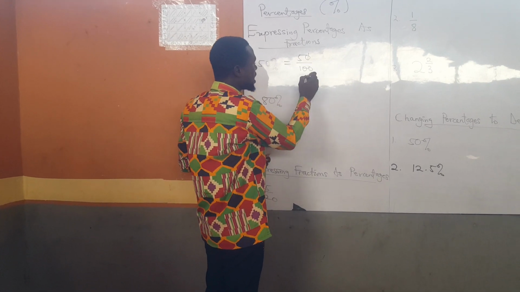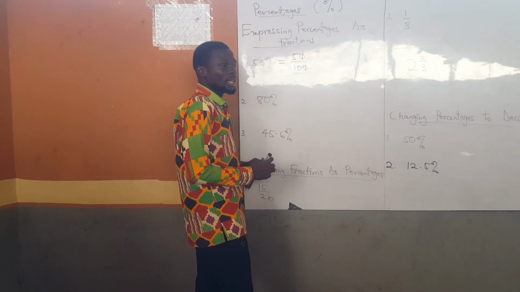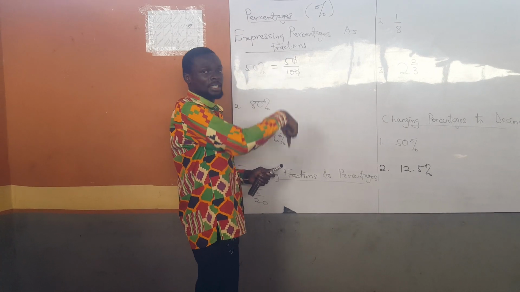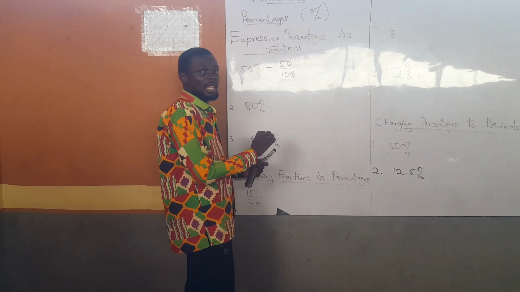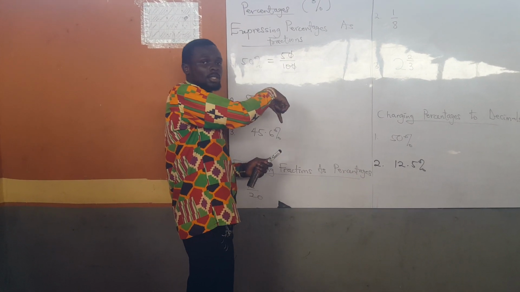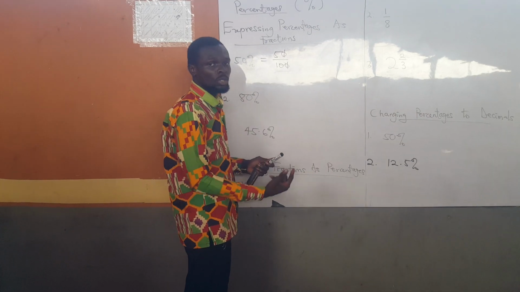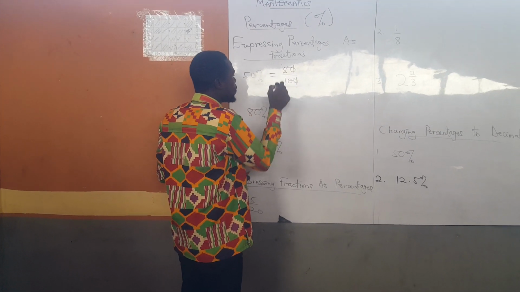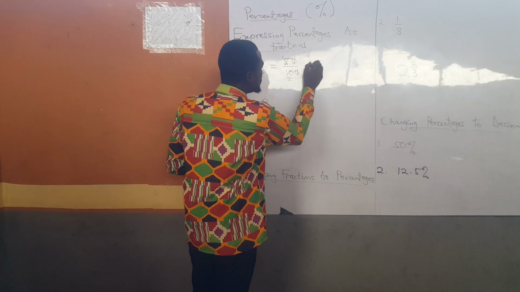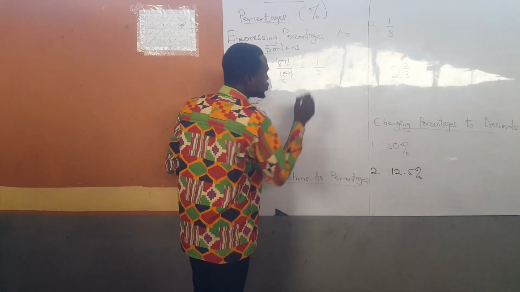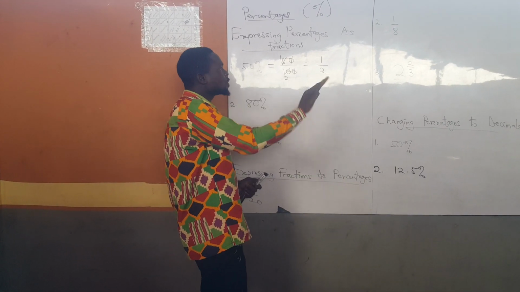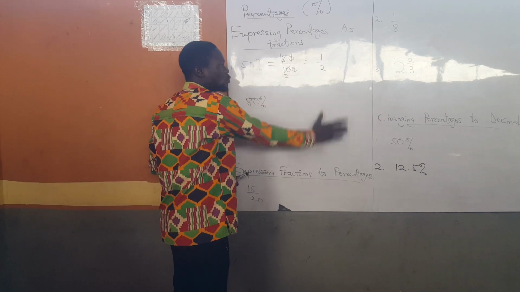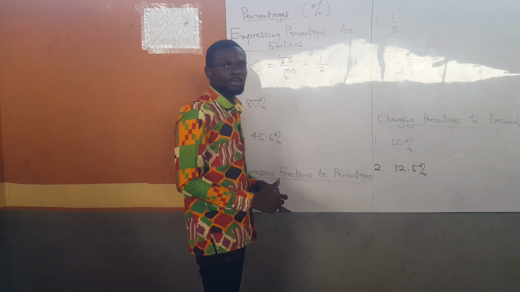So 1 zero will cancel one of the zeros here, and I'm now having 5 over 10. With 5 over 10, 5 can go into itself, and this same 5 can go into 10. So 5 goes 1 time, 5 goes 2 times, which is going to give us 1 over 2. So the fraction for this percent is 1 over 2.